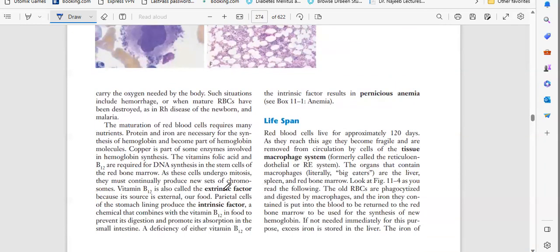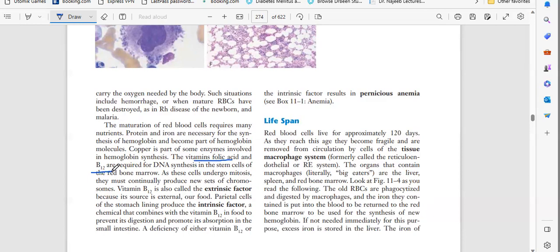So basically, there are another two things we have to remember. But these are the blood cells. Blood cells after maturation, they will work. But what other factors improve the maturation process of the red blood cells? We need two things: one is folic acid and the other is vitamin B12.